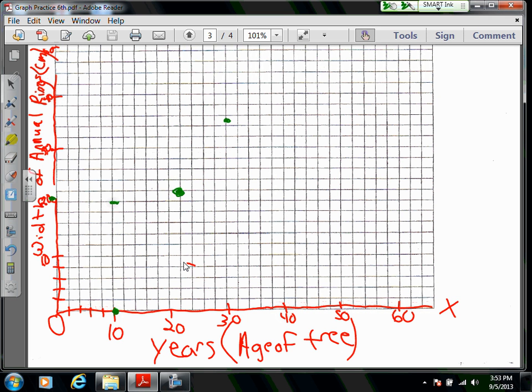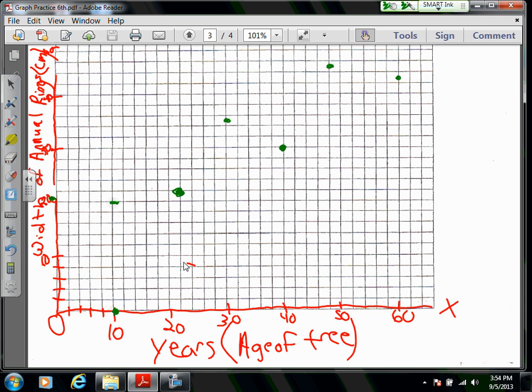And then at 40 years, it was 3.0. So that would be, we go up 3.0 right there. And then at 50 years, it went up to 4.5, which would be up here. And then finally, at 60 years, it's 4.3, which comes back down to about there.